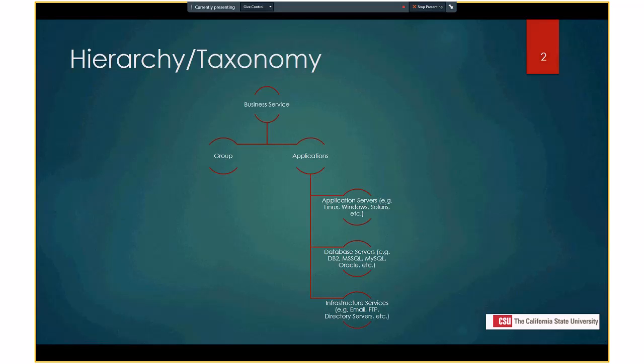Okay, first off, when we started to go through the configuration management database, we really needed to define the various services that are out there. We defined what we needed to define as a business service, and that was one of our biggest pain points, getting a definition of what was a business service.